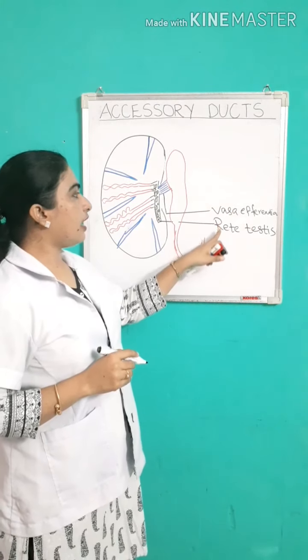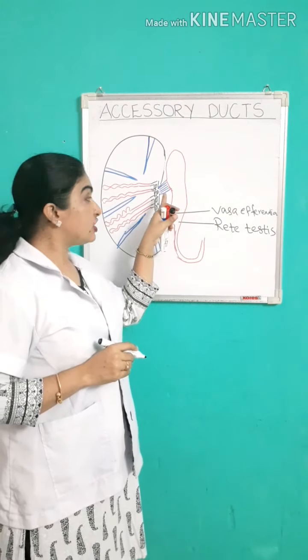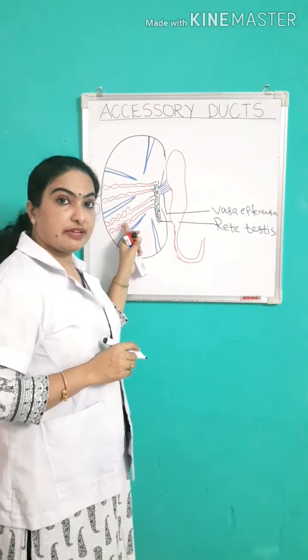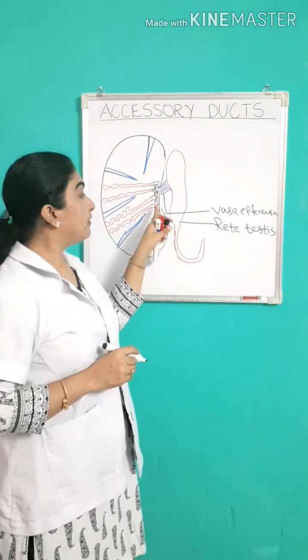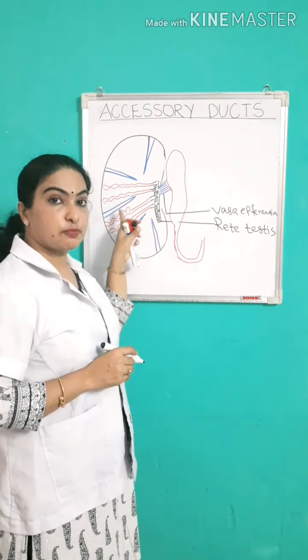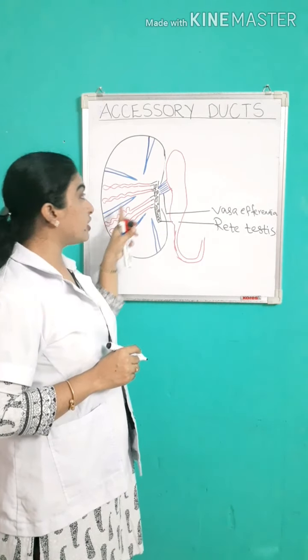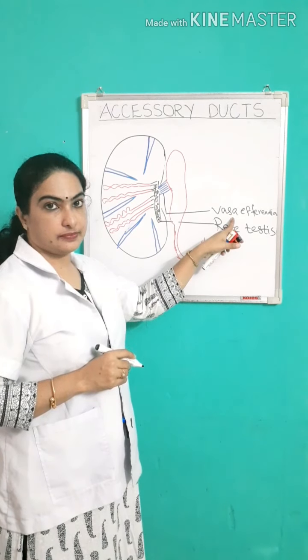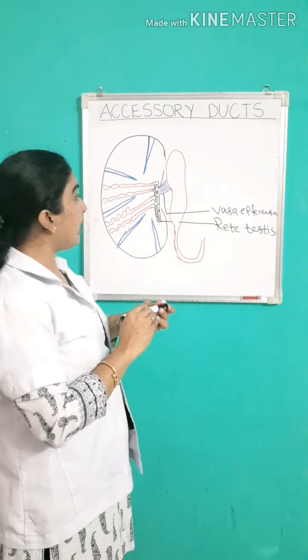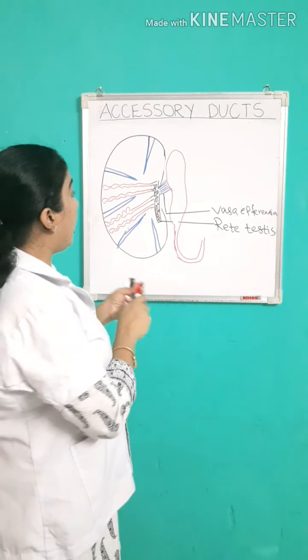The vasa efferentia collects sperm from the seminiferous tubule through the rete testis. And this vasa efferentia opens into another duct.